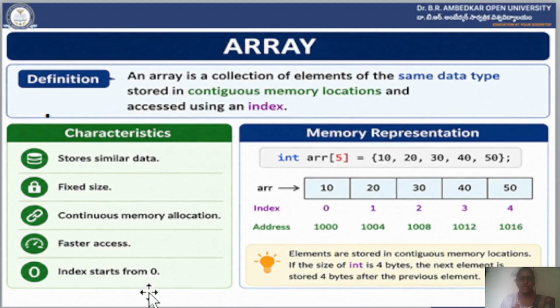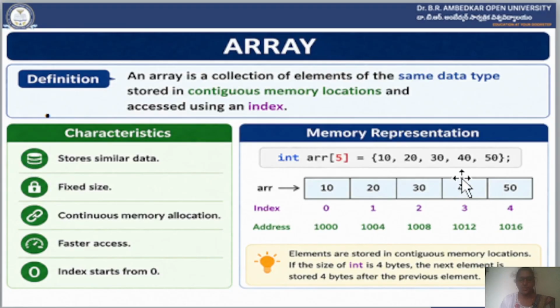The fifth one is index starts from 0. See, all values in an array start from index 0 only. Here look at this: the index value of the first value is 0. So these are all characteristics of an array.